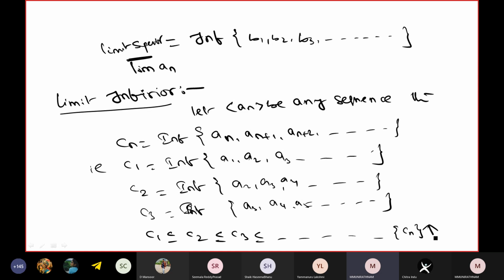So I'm going to find the greatest of these lower bounds. Infimum means lower bounds, as I already told you. So, the greatest of these lower bounds.